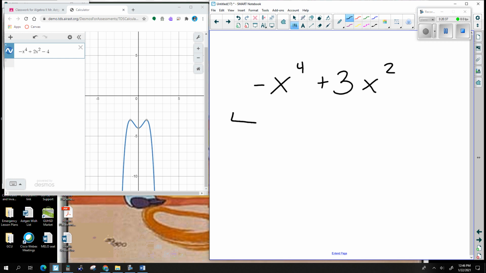All right, so I literally type a minus, and I literally type the letter x. Now how do I get this to an exponent of 4? Here's what I type. I first have to hit this button right here, which is right above the 6.